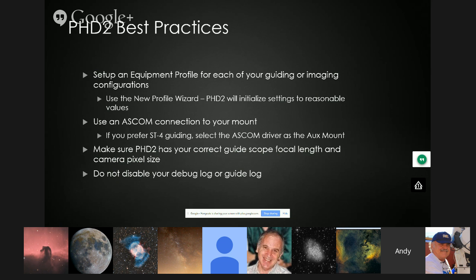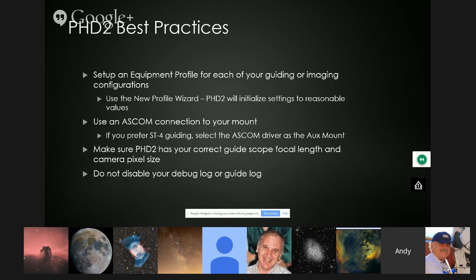Another thing you want to do is make sure, if you're on Windows, that you're using an ASCOM connection to your mount. PHD2 can use that connection to find out where your scope is pointing, both in terms of the coordinates, RA and DEC, but also the side of pier.